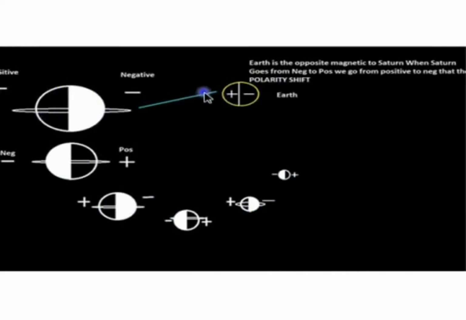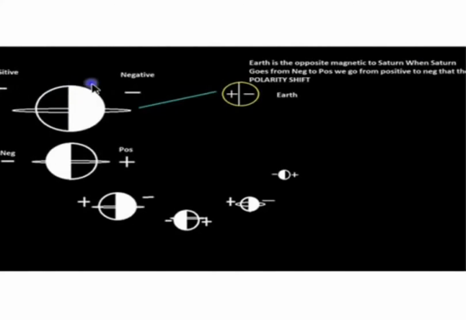When this happens, the same thing happens with the Earth. The aurora borealis is caused by Saturn. They're never going to tell you this in science, because this is the mystical properties of what they consider to be God, because this is the one that has more of an effect on the Earth than the sun that you see during the day.